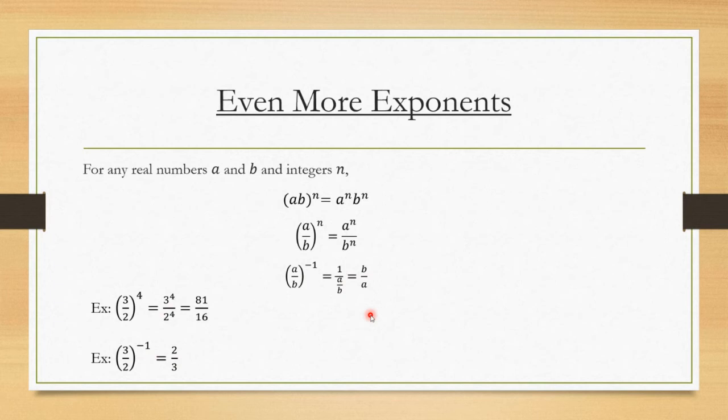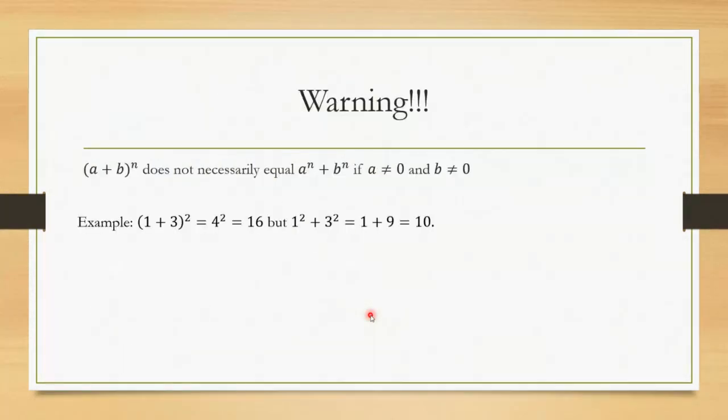Okay. So again, these are just some exponent rules that are good. Now, this is another warning. When you have a plus b raised to a power, so you have a sum raised to a power, a plus b to the n, that's not necessarily going to equal a to the n plus b to the n.